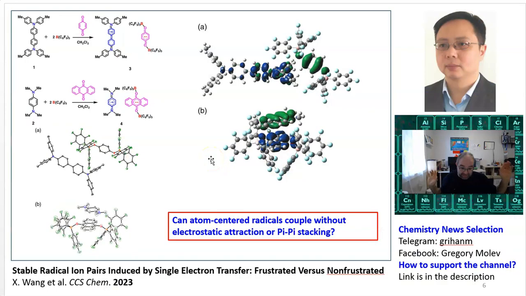So what happens here? This group makes a cation radical and anion radical pair, and those molecules are held together firstly by electrostatic interactions. So the plus attracts the minus, or vice versa. There are two different pairs that they study. In this one, it's a complete triplet, so the electrons interact between themselves only through space.